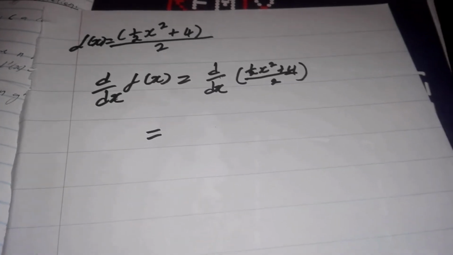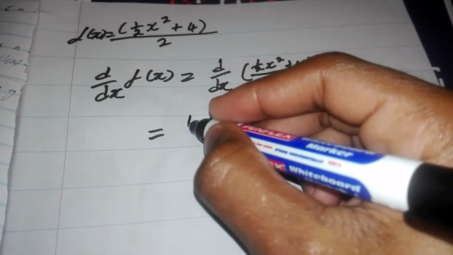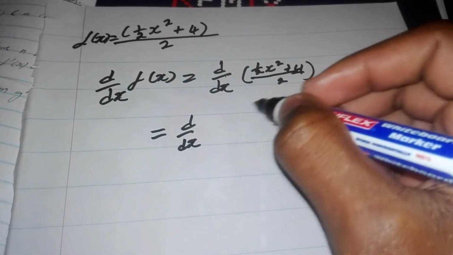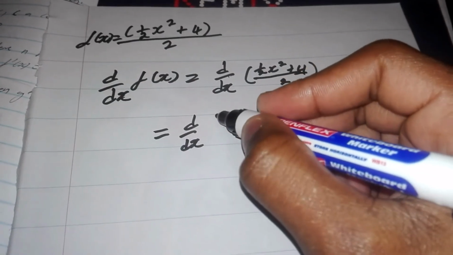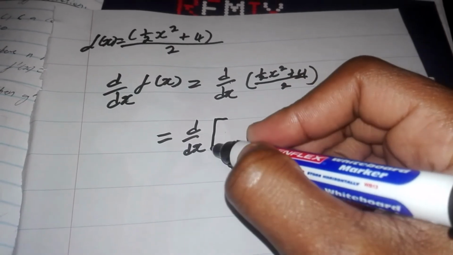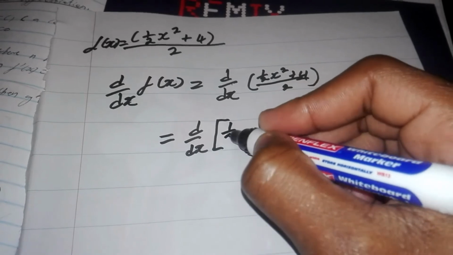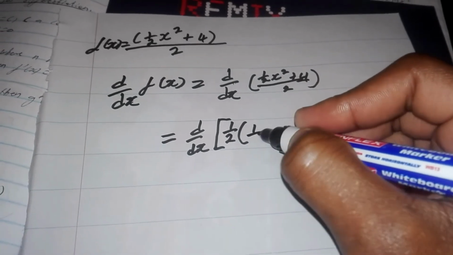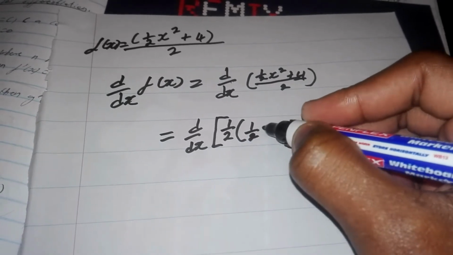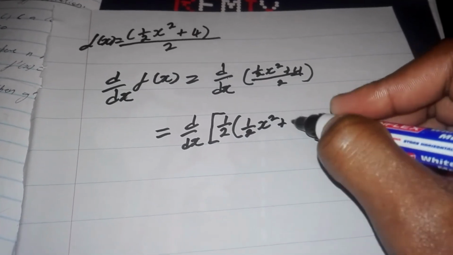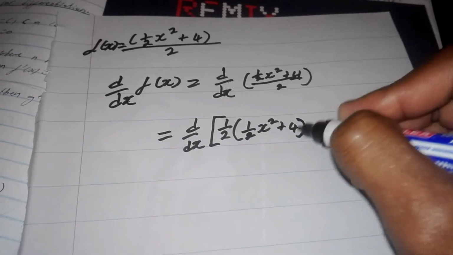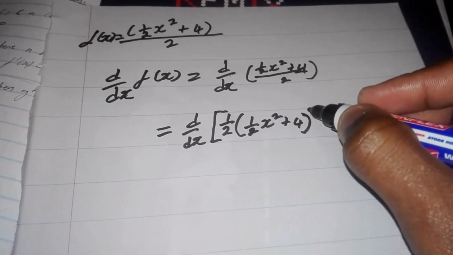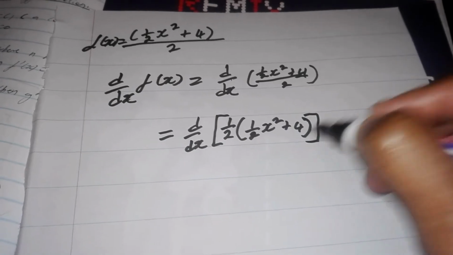Looking at this thing, we can take 1 over 2, which is a constant. We'll be left with this x squared plus 4. Yes, this is the 2 that was in the denominator.